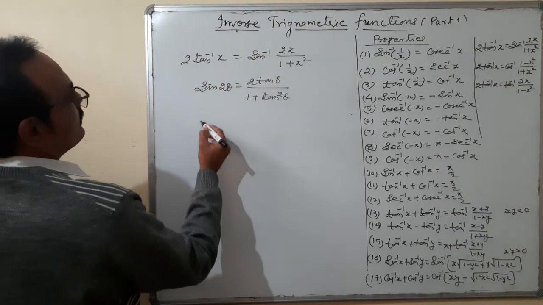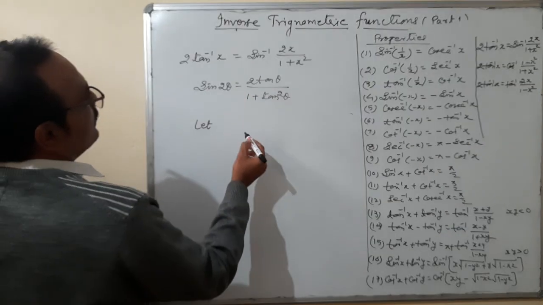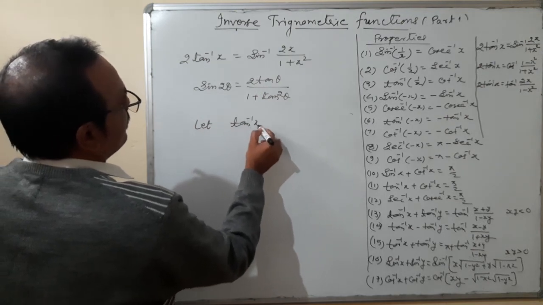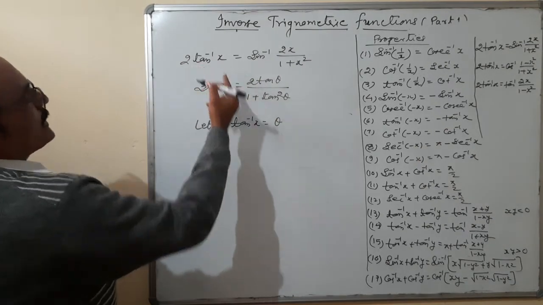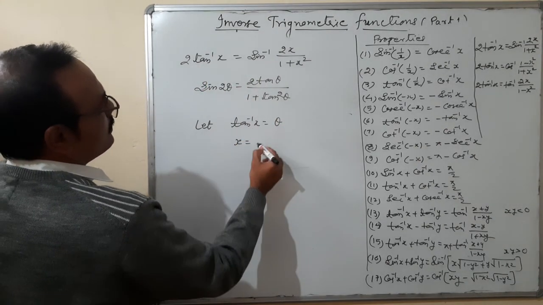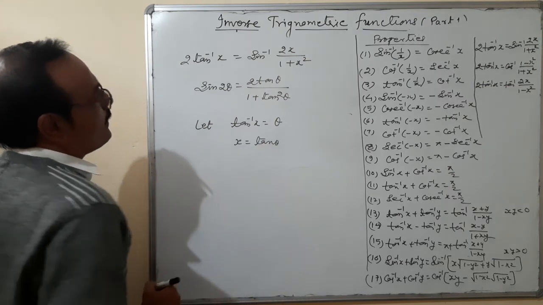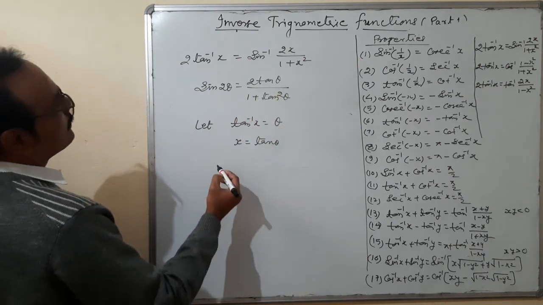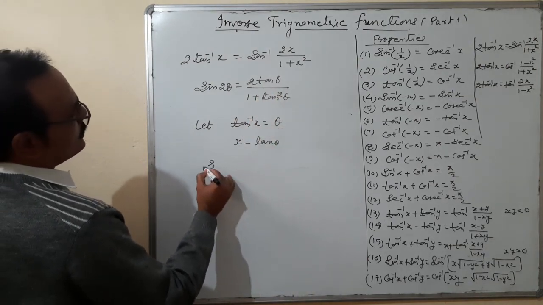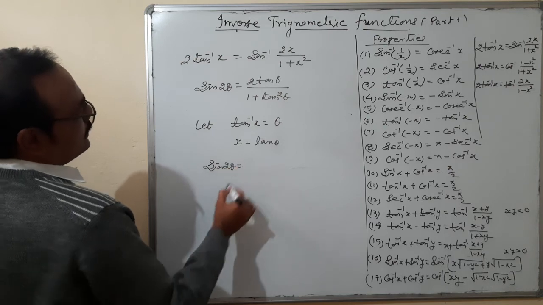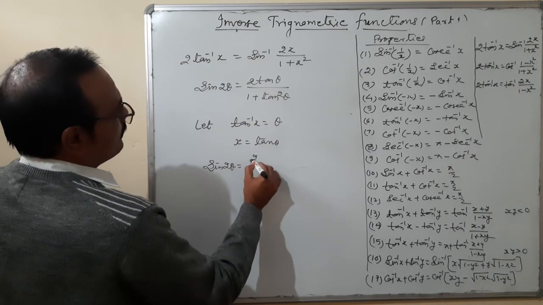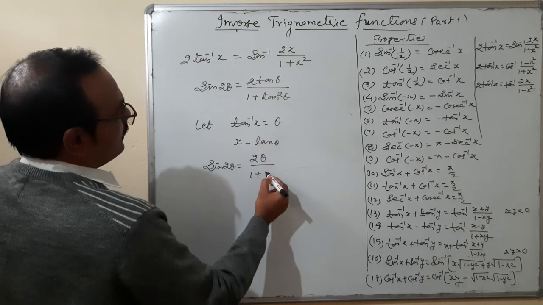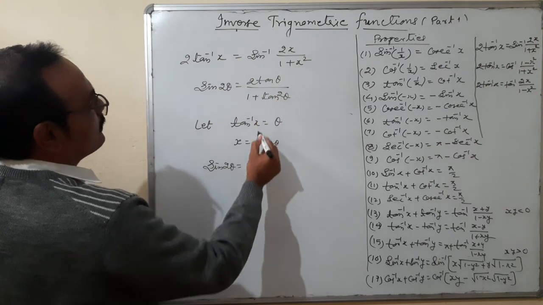So consider, let tan inverse x is equal to theta. Then x is equal to tan theta. And I put the value here: sin 2 theta is equal to 2 tan theta upon 1 plus tan square theta.